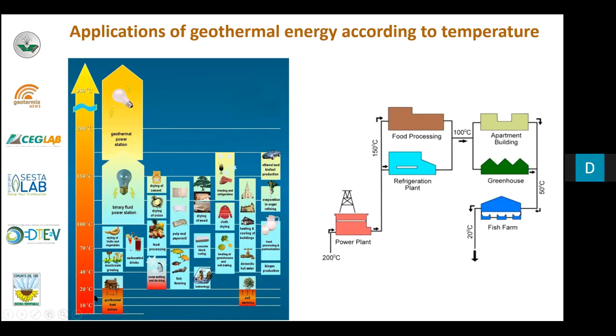So we start from 10 or 15 degrees that are available in the highest portions of the subsoil, and we have the power generation that requires from 100 to 350 degrees and that uses deeper resources.